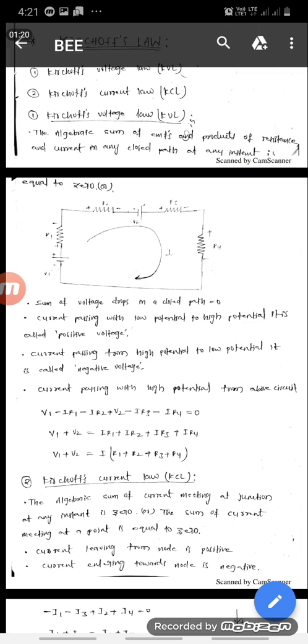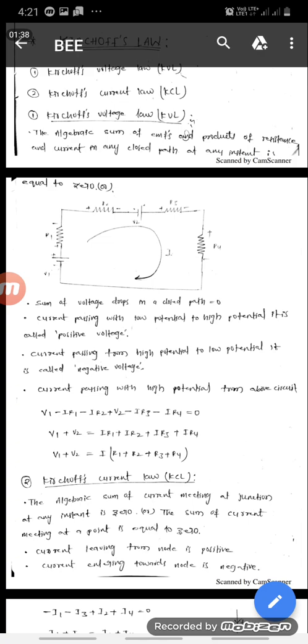The sum of voltage drops in a closed path is equal to 0. Current passing from low potential to high potential is called positive voltage. Current passing from high voltage to low voltage is called negative voltage.